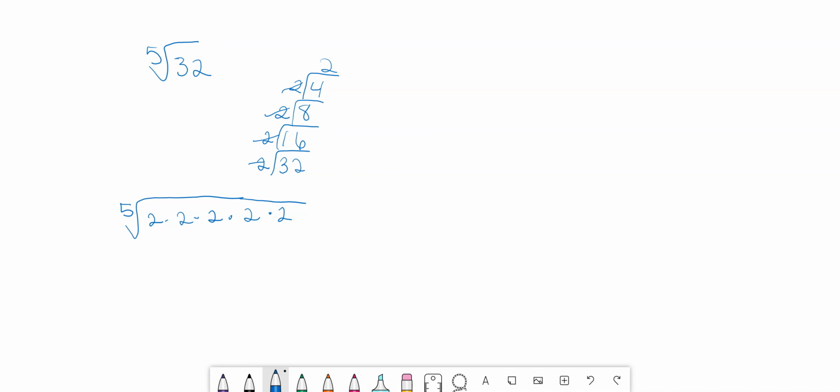That's 1, 2, 3, 4, 5 2's. So this 2 gets to come out, but on the condition that the other 4 die. So we have the fifth root of 32 is equal to 2. Nothing else is left inside the radical, so our answer is going to just be 2.